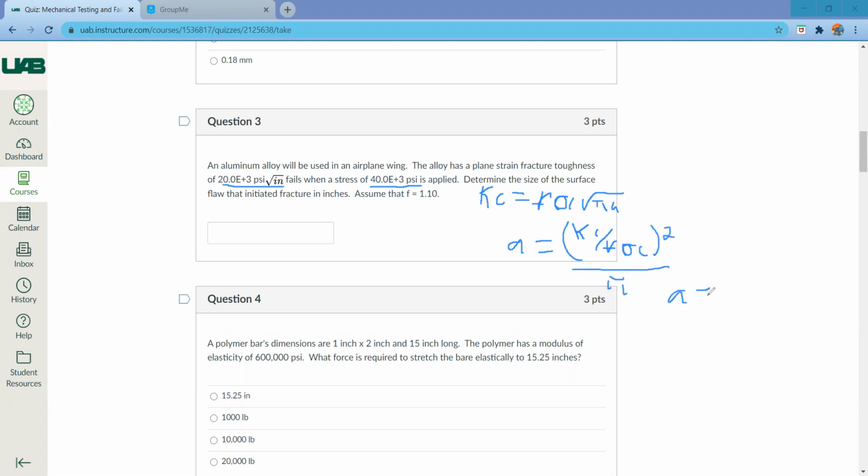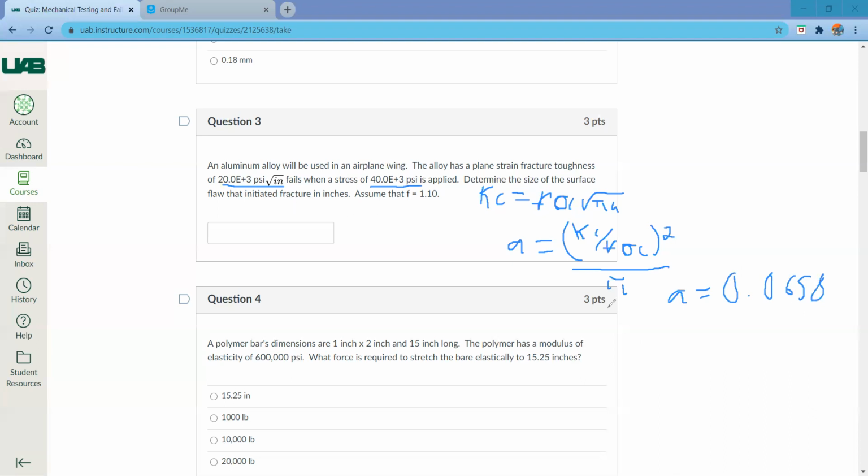And in this case, a is going to be equal to 0.0658.